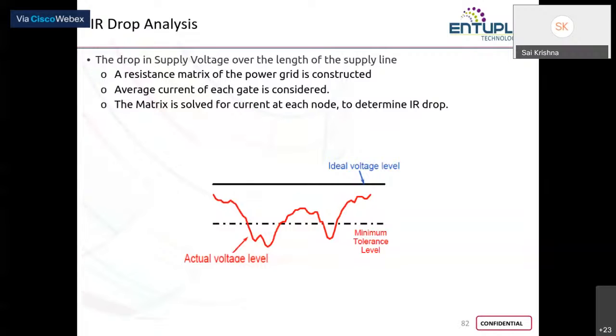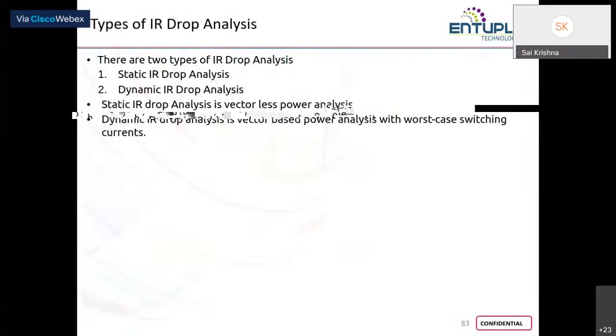So IR drop analysis is very helpful to eliminate such occurrences and carefully check whether everything is happening properly or not.